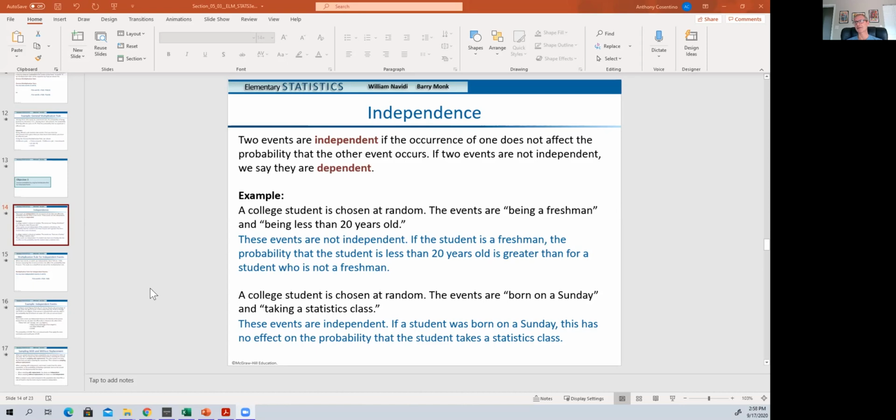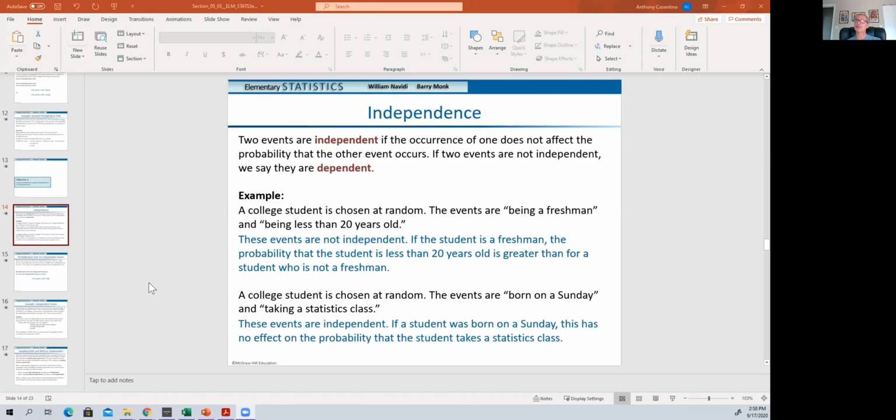On the other hand, if you're born on Sunday and taking a statistics class, they have nothing to do with one another, right? There's no effect. Being born on Sunday has zero effect on whether you're taking a statistics class or not. So those would be two independent events.